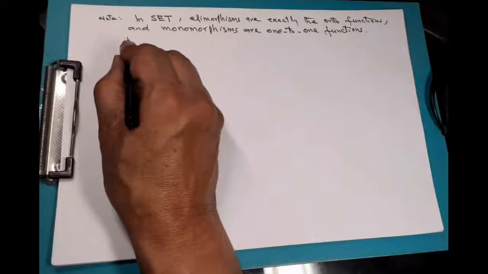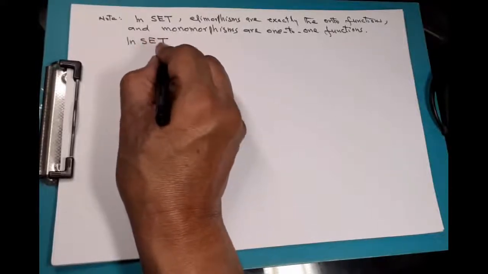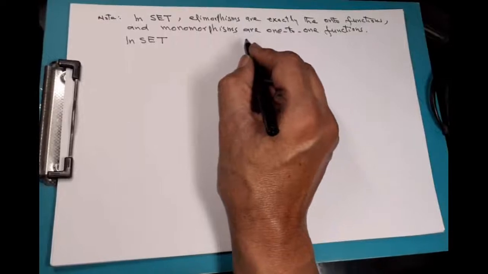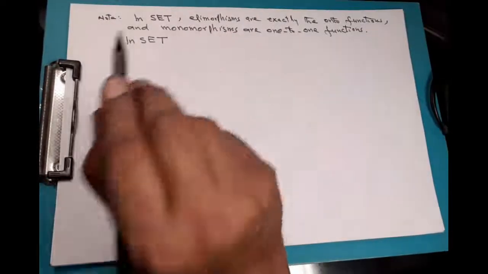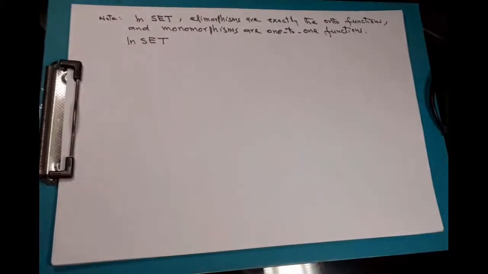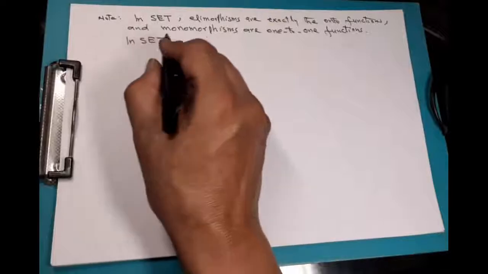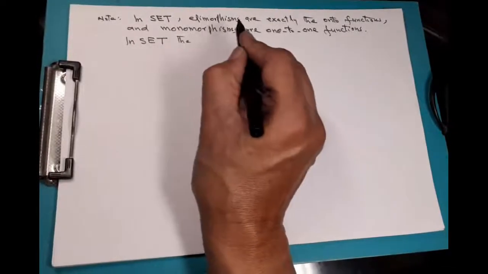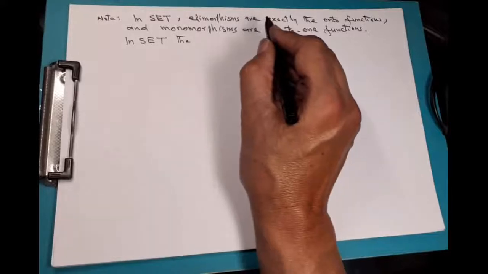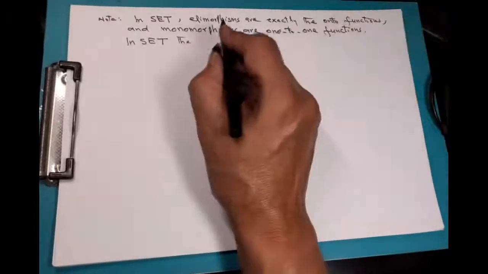So in the category of sets, the bijective functions are isomorphisms.